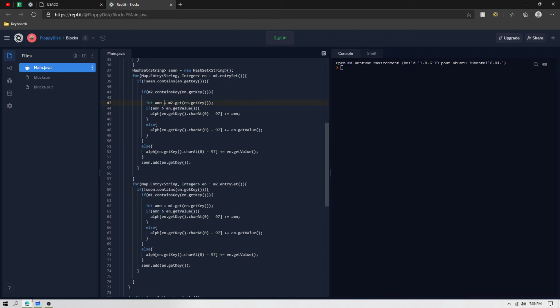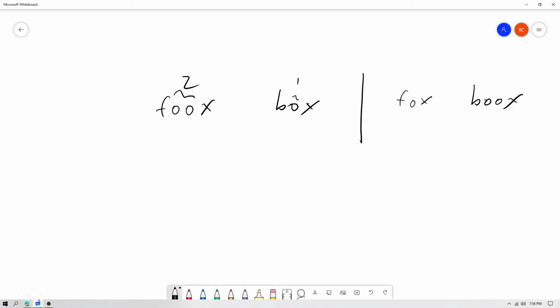the amount of times this certain letter, we're looking at O right now, appears. Our map would have O2, and O1 would be the first map, and we would just compare this number with this number, if, of course, the second word contains the letter we're looking at currently.